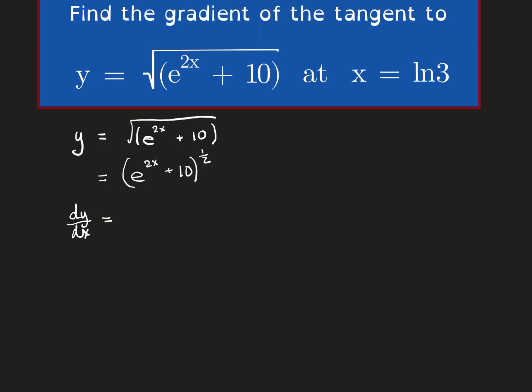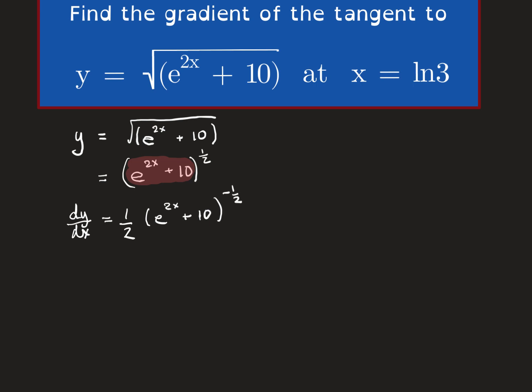And to do that, we ignore what's happening inside the brackets, and we'll just differentiate what's outside the brackets. So we move the half to the front, leave what's inside the brackets, e^2x plus 10, and now diminish the exponent here by 1, so that becomes minus a half.